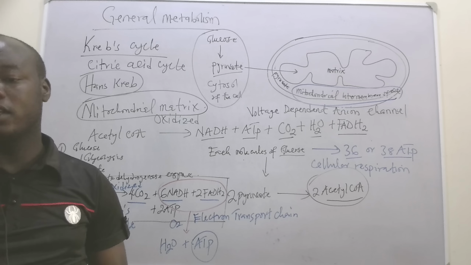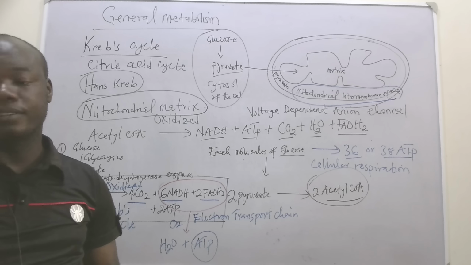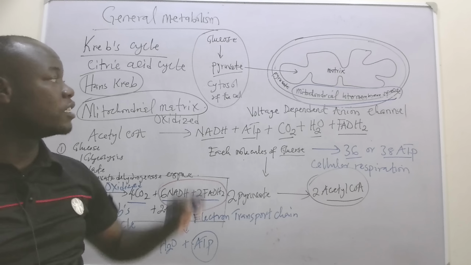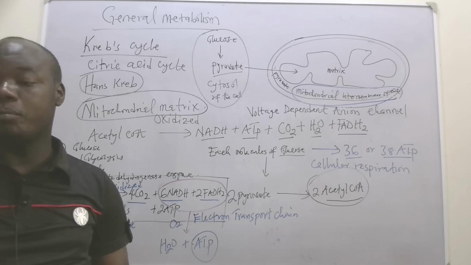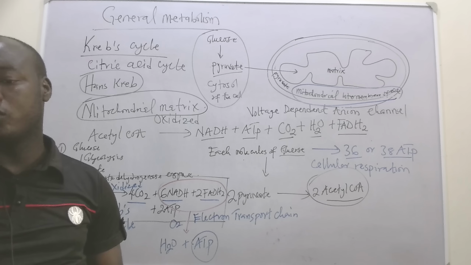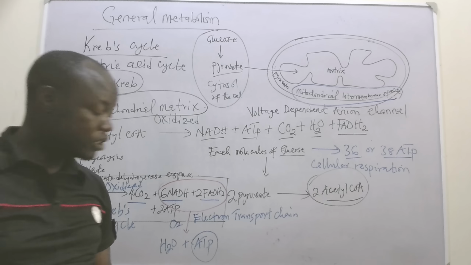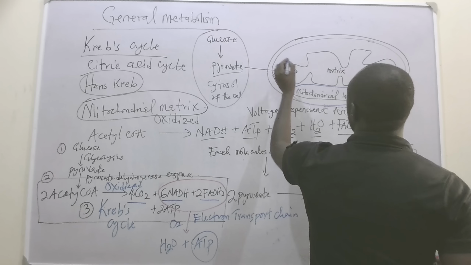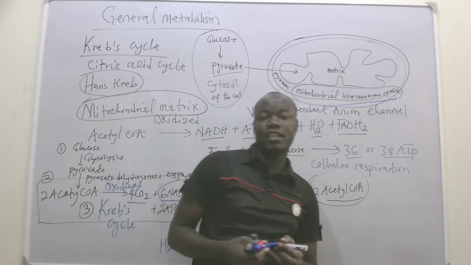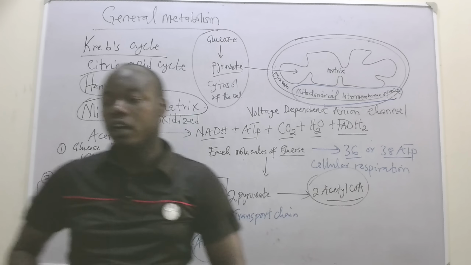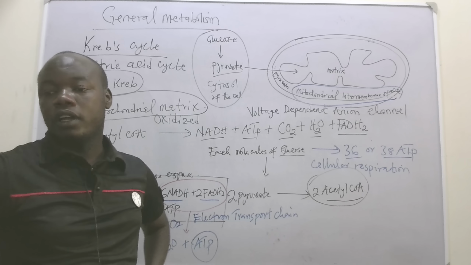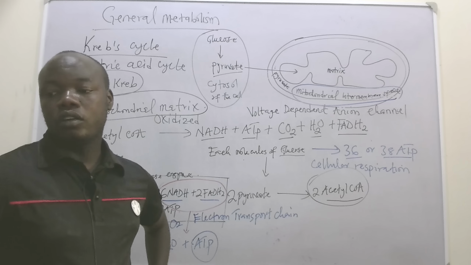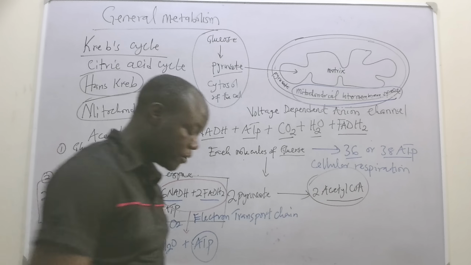And then the next thing, the pyruvate from the mitochondrial inner membrane space now uses what we call the mitochondrial protein complex, which is located at the membrane of the mitochondrial matrix.